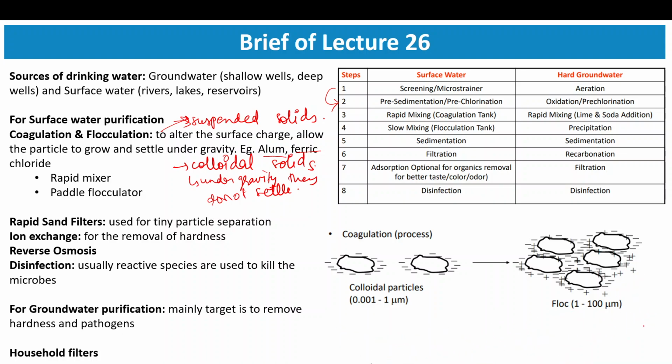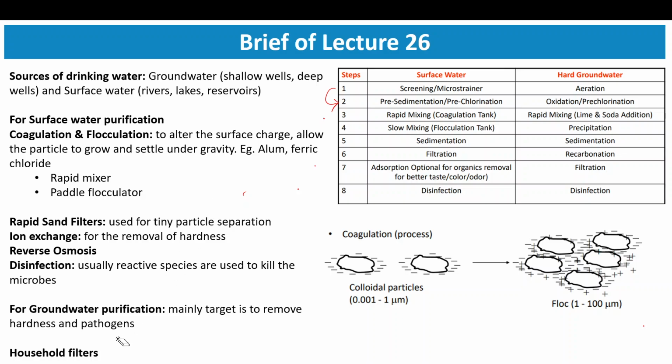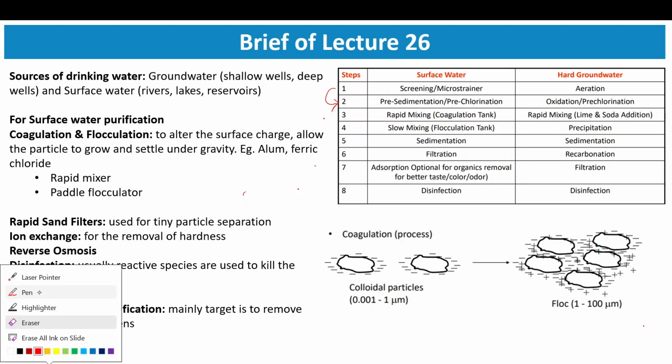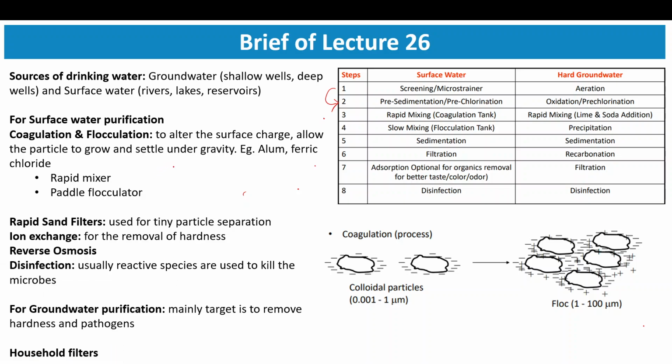So, I guess it is clear to you all about the coagulation and flocculation process. But to do all this, we need some reactor, some mixer where we will do the process. One of the two most common tanks that we use is the rapid mixer for coagulation to happen, because we are mixing the alum or the coagulant with the water.